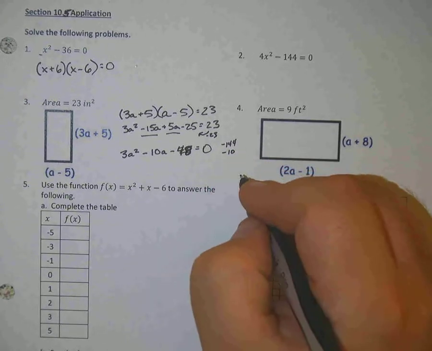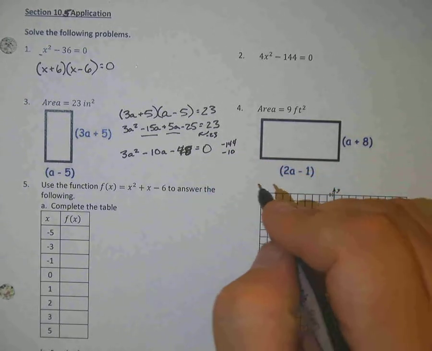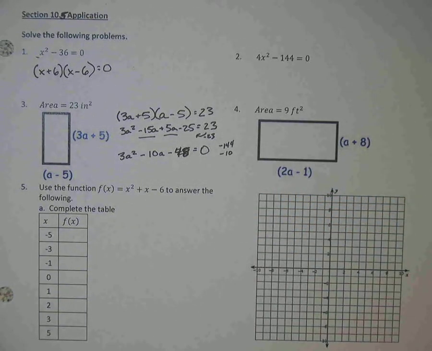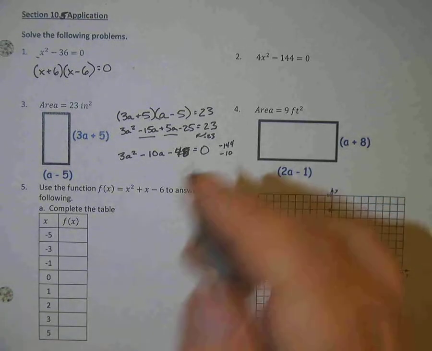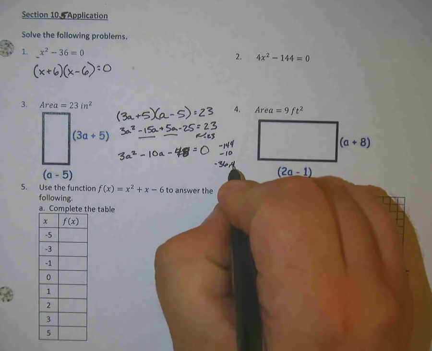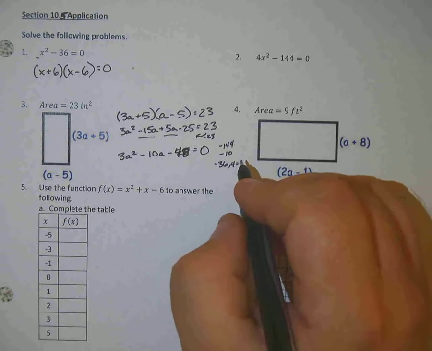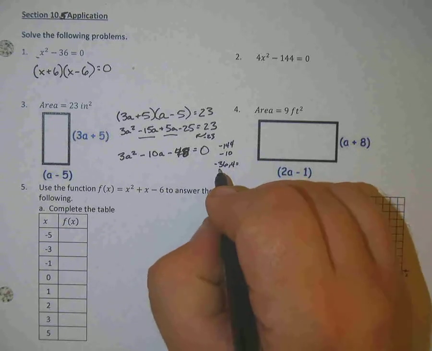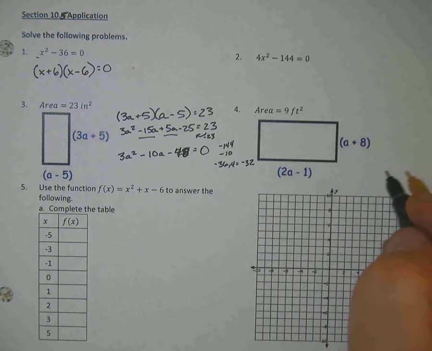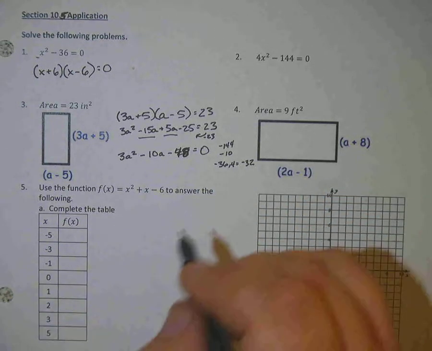You could start with the negative 144, but I'm going to look at something a little bit smaller. I'm going to start with negative 36 and 4. When I add those together, I get negative 32. That's still quite a bit too big, but let's just keep on going.